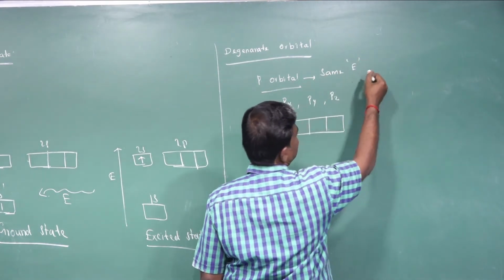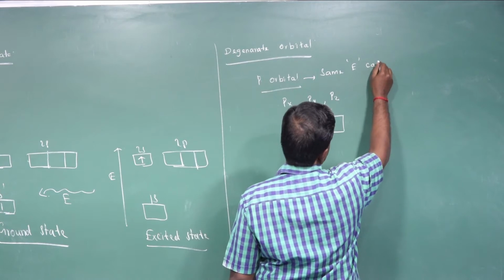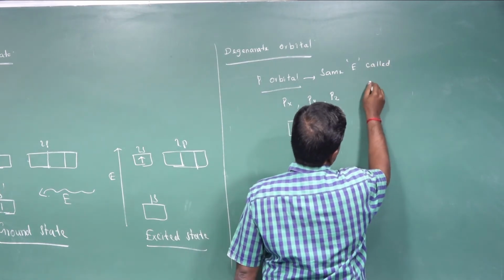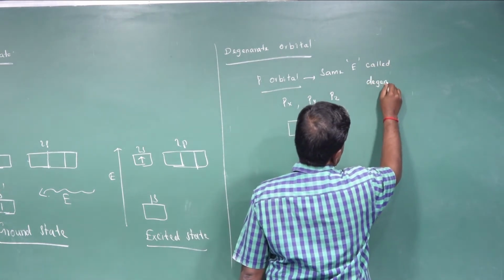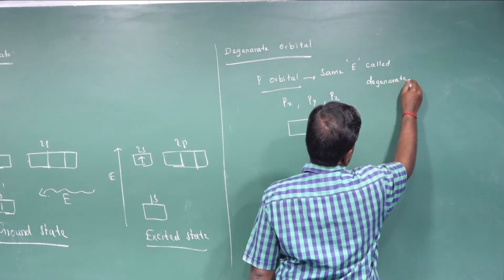So same energy orbitals are called degenerate orbitals.